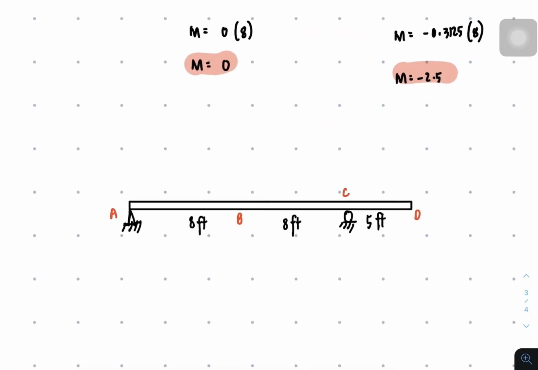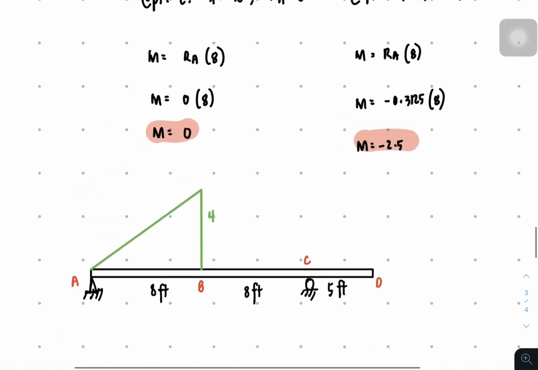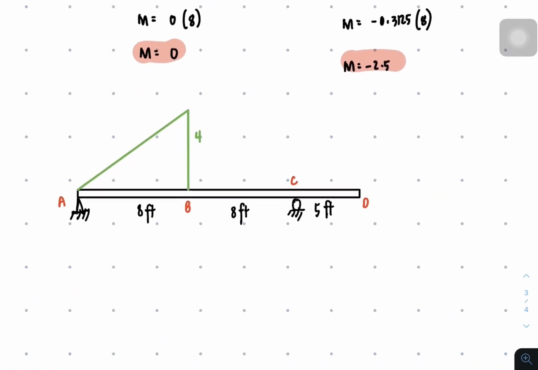I'll just place 4 here, and from 0 we just connect it. Next, at point C, it's 0, and then we just traverse it. Anyway, it's still going to give us the answer negative 2.5.